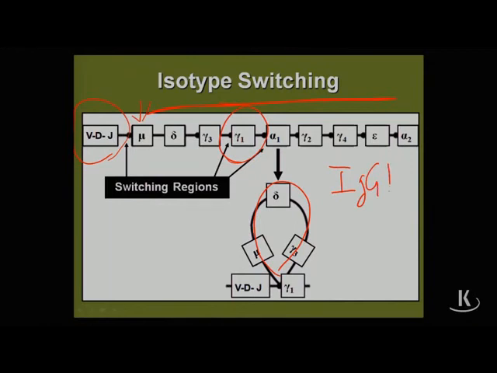So IgG1. And all of the intervening constant regions are going to get looped out, and they'll be gone. And the antibody now that we're switching to becomes an IgG molecule. Okay? It occurs in the germinal center. It occurs during an immune response. All right? And remember the requirement for T cells.